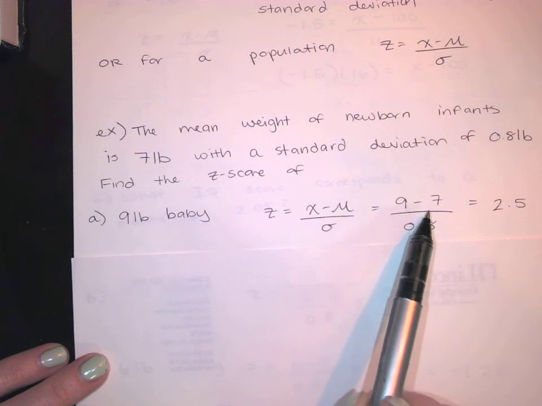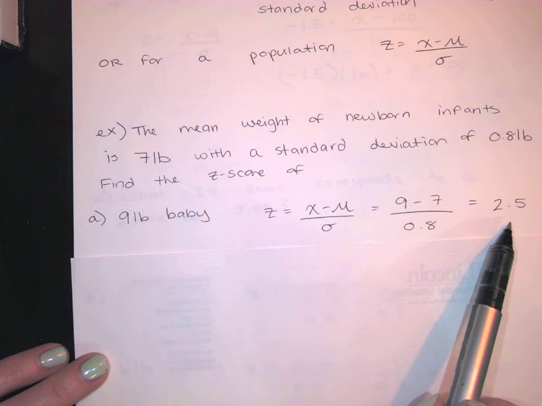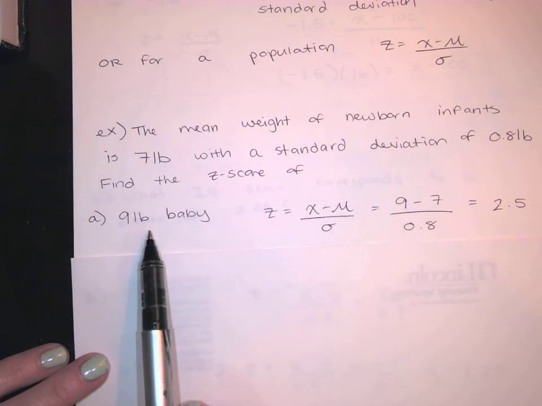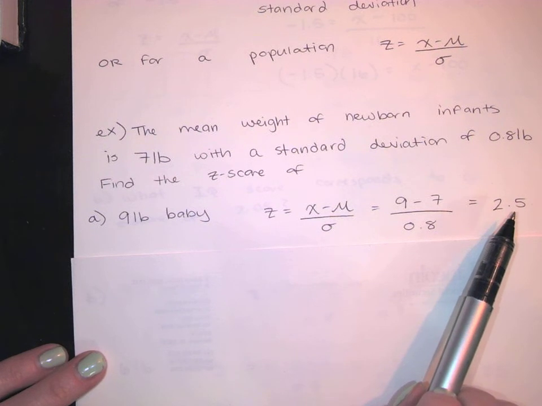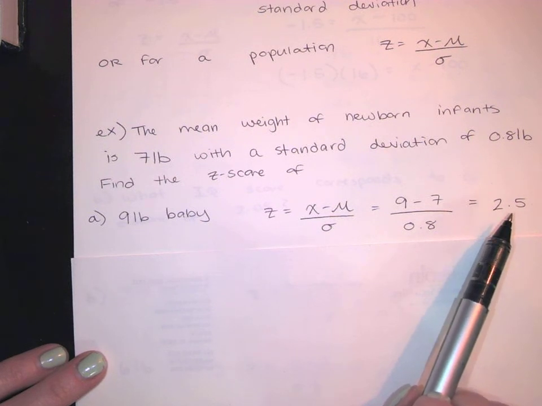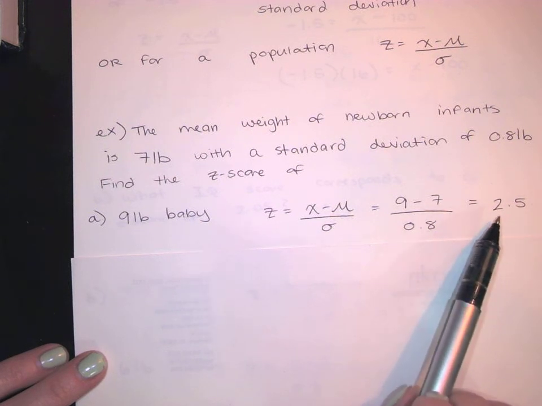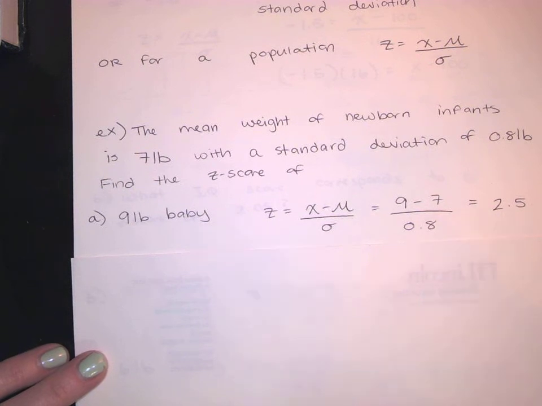So when we do 9 minus 7, we get 2, divided by 0.8 is 2.5. So a 9-pound baby is 2.5 standard deviations above the mean. If you remember back to part 1, for section 12.1, that's pretty far away from the mean. Remember, 95% of data lies within 2 standard deviations of the mean.